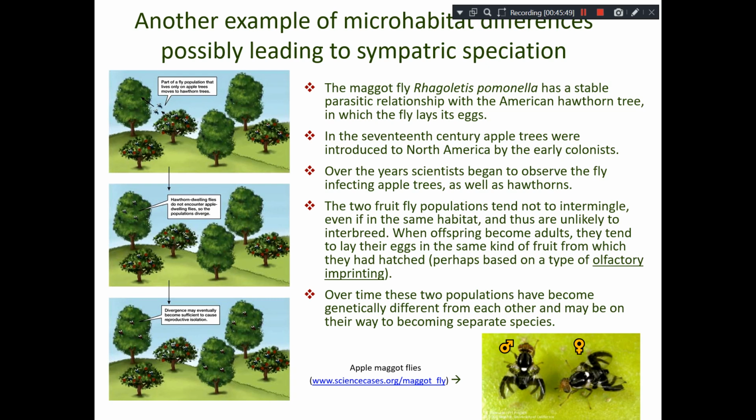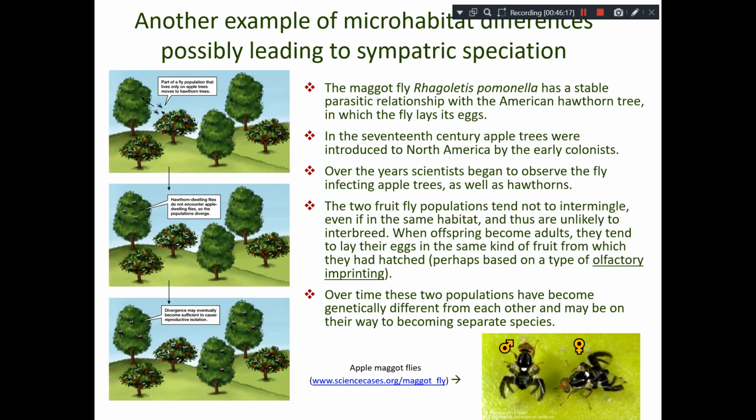Basically, they infect the fruits of one particular tree, the hawthorn. When the apples were introduced to North America, these hawthorn flies started visiting the apple trees also, and the adult hawthorn flies laid eggs on the apple.